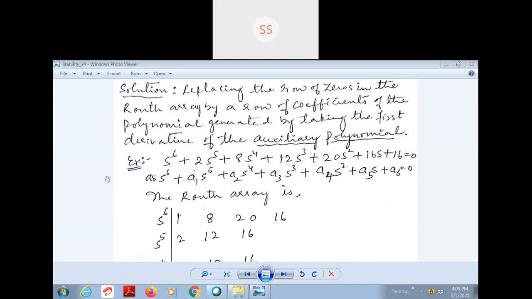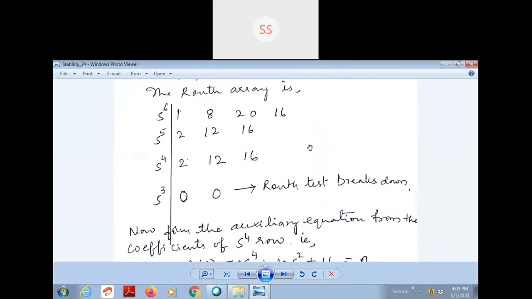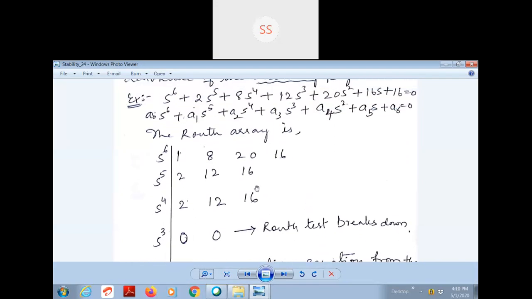Once we identify all the coefficients, the first two rows are filled up. As the highest order is 6, our root array starts with s to the power of 6, 5, 4, 3, 2, 1, s to the power of 0. Begin with the s to the power of 6 row. This starts with a0, then a2, a4, a6.